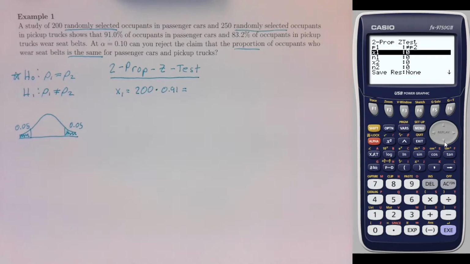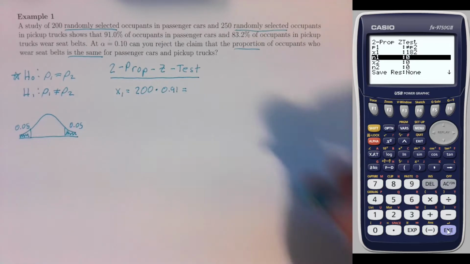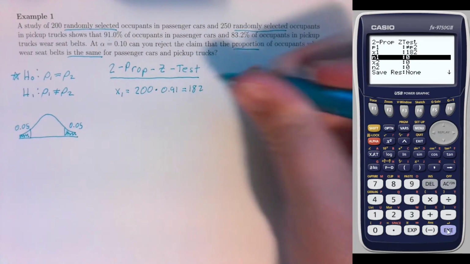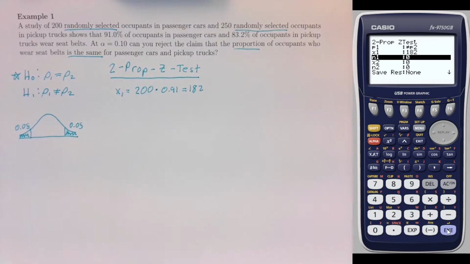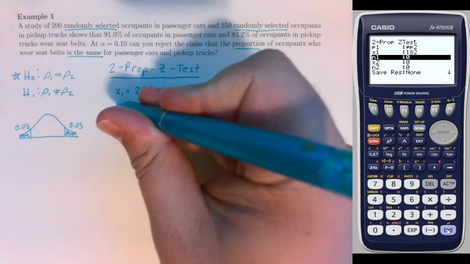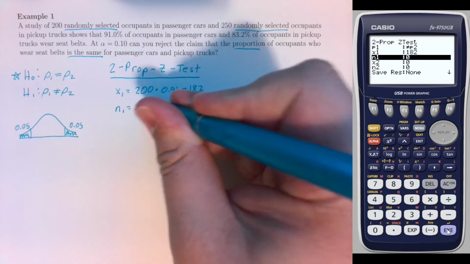I'm just going to type in 200 times 0.91. When you hit enter, it calculates it for you. Remember, if this was not a whole number, you do have to round it. Only whole numbers allowed. And then N1 is 200.